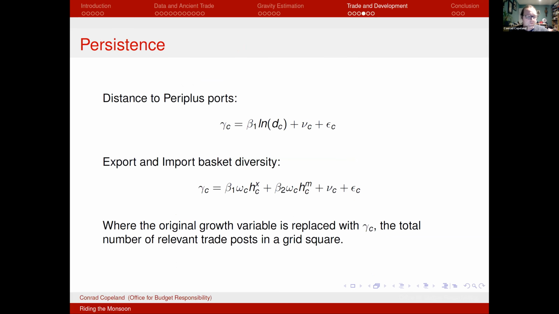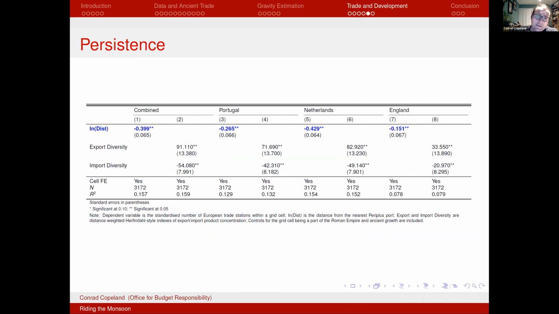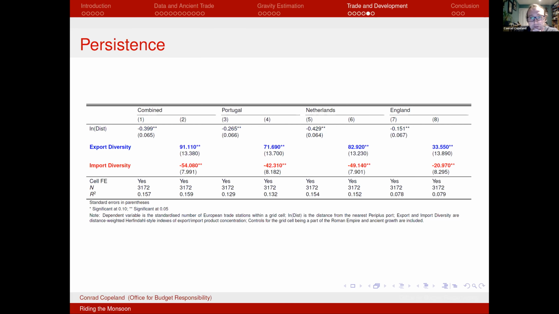And in terms of persistence, because I think I am at time, so I will blow through persistence, that essentially replaces the Pleiades data with the trade station data. And you get some persistence in the sense that these trade stations tended to be set up close to ancient ports, and close to ancient ports with diverse export markets, which fits with the idea of what these trade stations were, right?